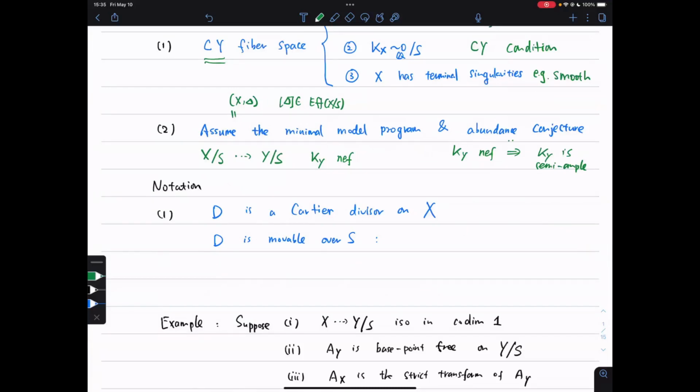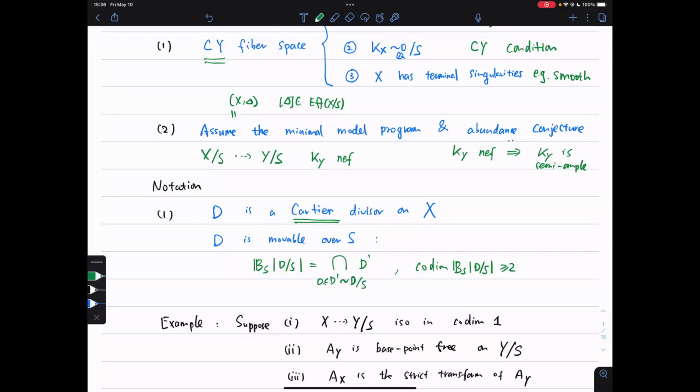Okay, then we use some notation. Suppose D is a Cartier divisor on X, and we say D is movable over S. This means the base locus of the corresponding linear system, which I denote as the intersection of all effective divisors D' linearly equivalent to D, as a set, has codimension bigger or equal to 2.